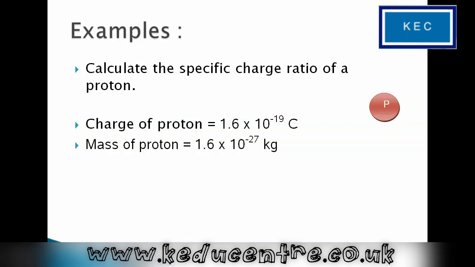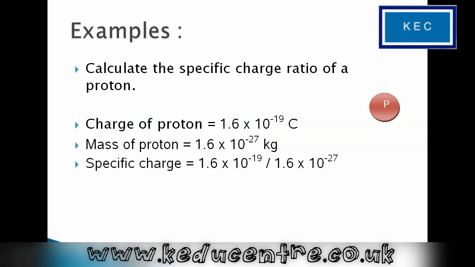So the specific charge of a proton will be equal to 1.6 into 10 to the power of minus 19 divided by 1.6 into 10 to the power of minus 27, which gives us the value of 9.41 into 10 to the power of 7 coulombs per kg. So the unit of specific charge is coulomb per kilogram.